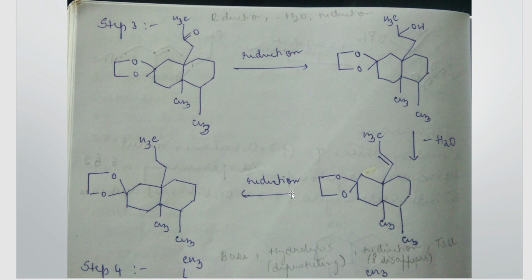Further, when it is made to undergo reduction, what do we get? This double bond undergoes reduction as an addition of hydrogen. We are adding one hydrogen each to these two carbon atoms. So this double bond goes off and we get single bond C, single bond C, and the hydrogen is not shown here, but it is understood that we have added hydrogen to both of those carbon atoms.